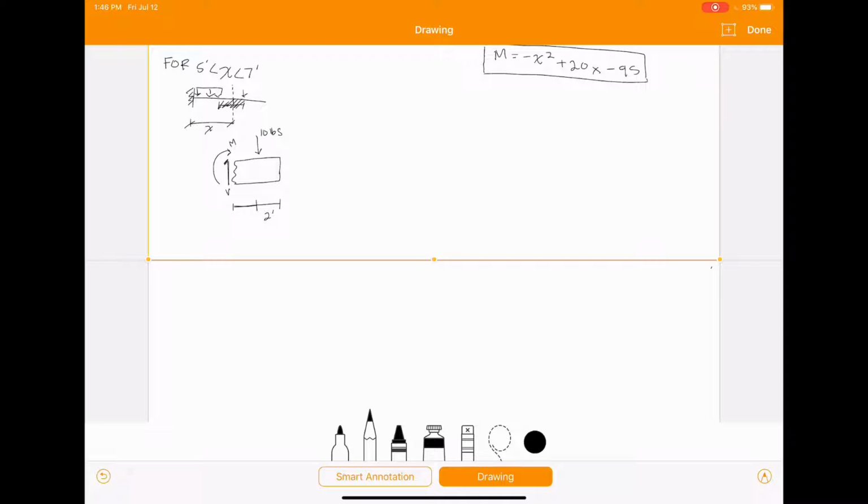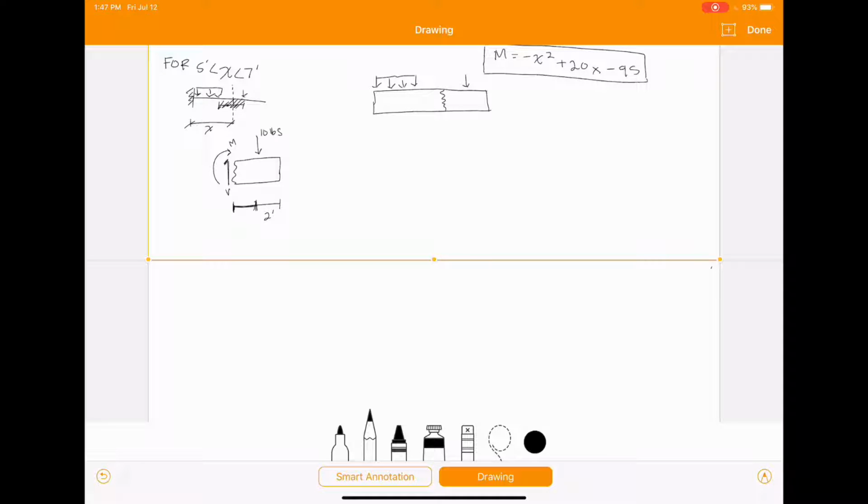Now, this dimension here gets a little bit tricky. So if we draw a picture of the whole beam over here, and this is our cut section here, and we've got that force there, we've got our uniform distributed load here.